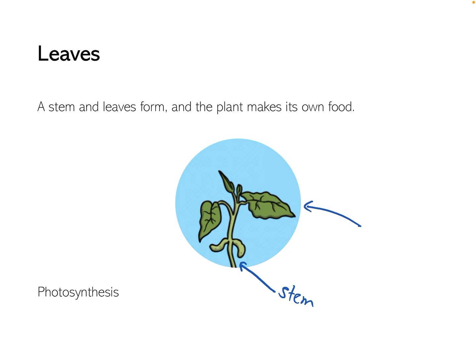And then we have our leaves. Now the leaves are what help our plant produce its own food. Now it does that through a process called photosynthesis.